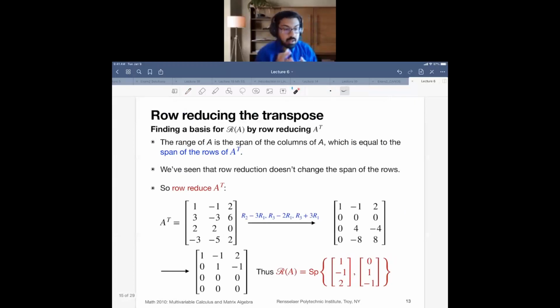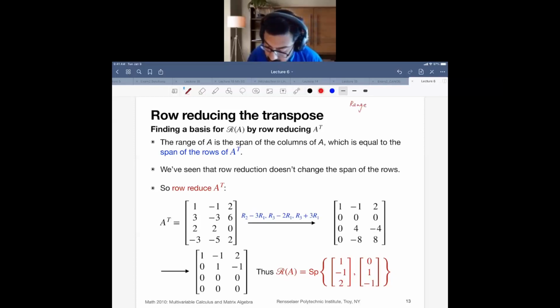The third technique to find the basis of the range of the matrix is by row reducing its transpose. So what do we know about the range of a matrix? Range of the matrix is the column space of A, right? So we know that from the definition of range.